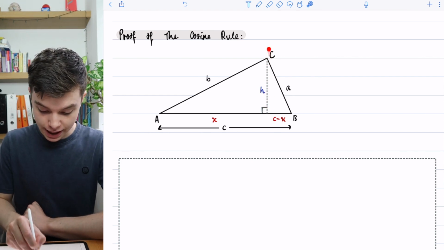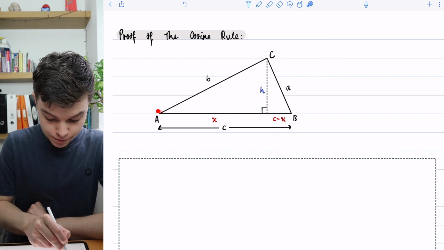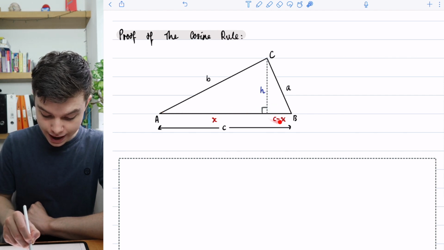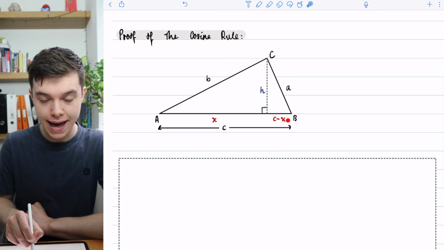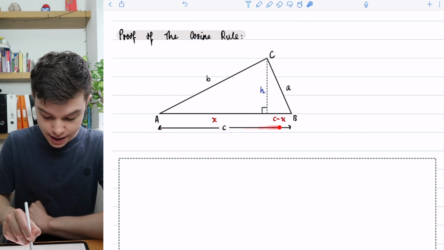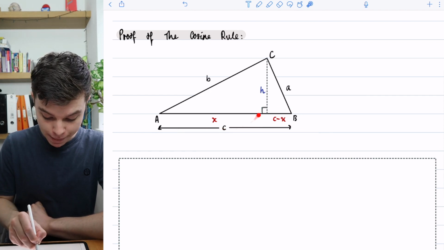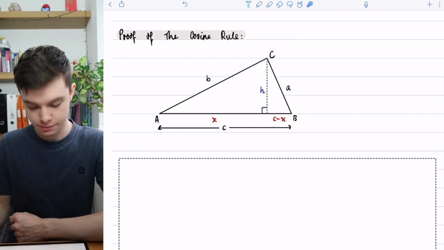This from A to here, this side is x, and then this little bit here is going to be c minus x, because the full side is c and that bit is x, so that bit there must be the full side minus this bit, c minus x.